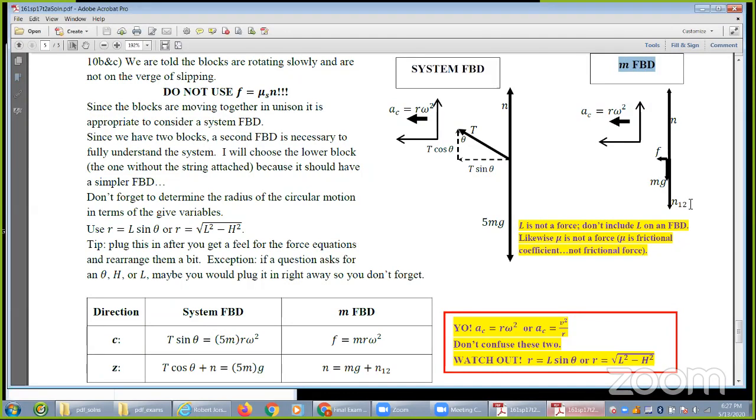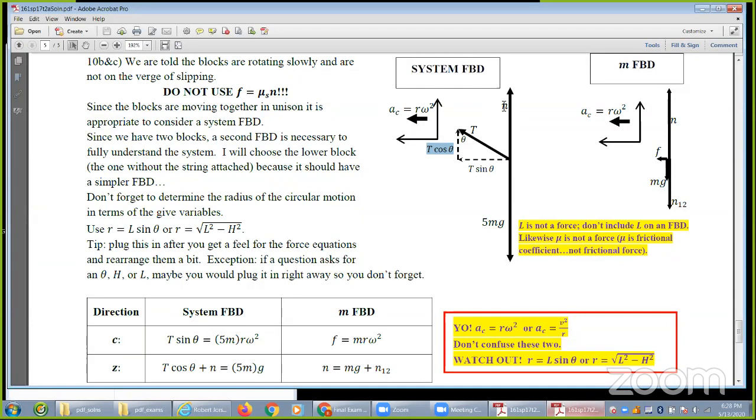There's a normal force up from the turntable. And this normal force N12 is not 4mg or whatever, right? This is not the total weight, or the weight of the upper block, because remember, this one is lifting up a little bit.